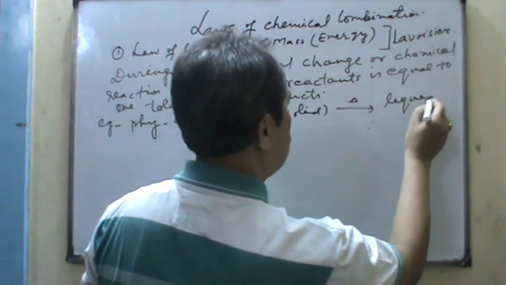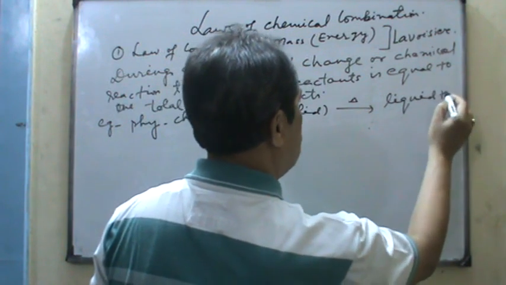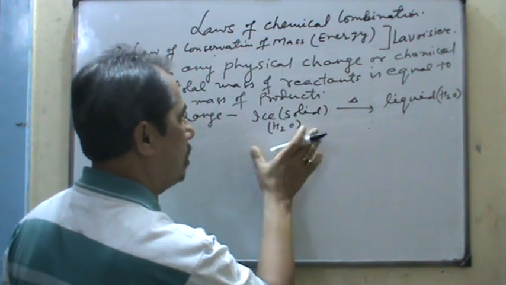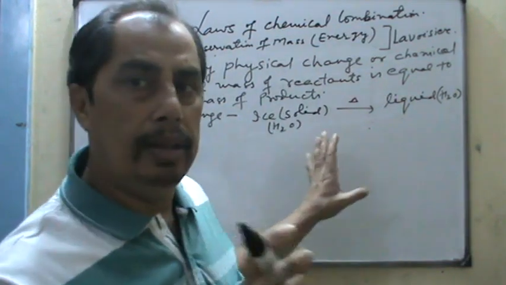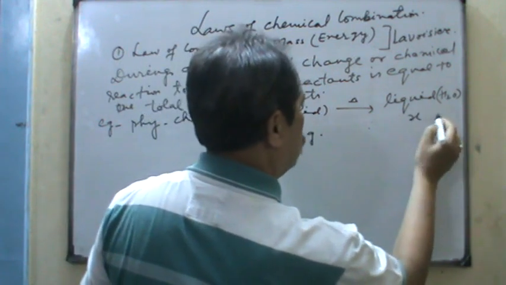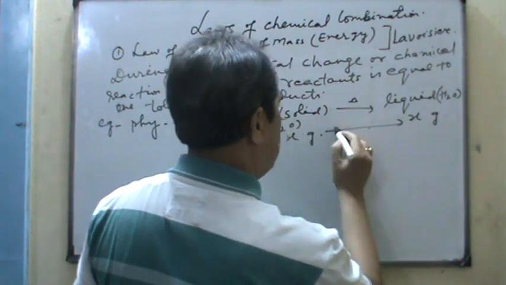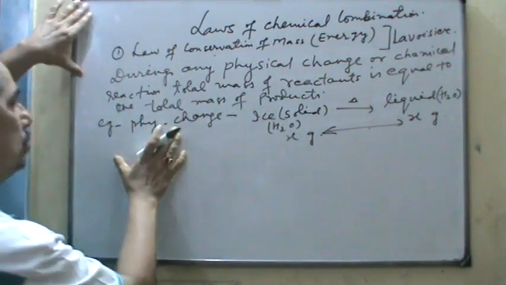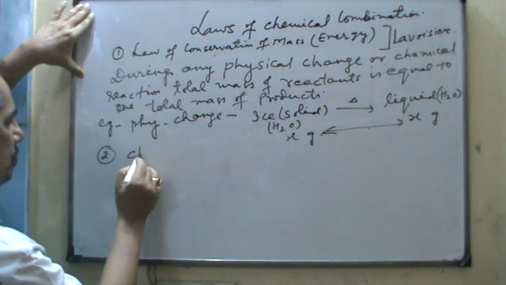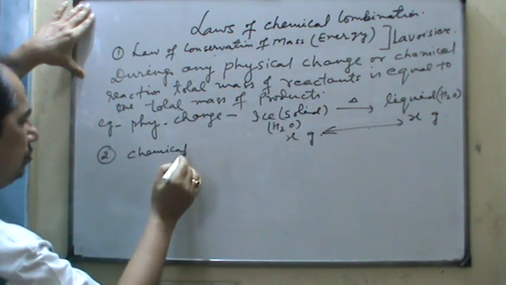Liquid. That is water, and again it is ice in the form of solid, here it is liquid. So if the mass is taken as x gram here, here it is also x gram. So both the masses remain the same. So far as physical change is concerned. Second is the chemical change.